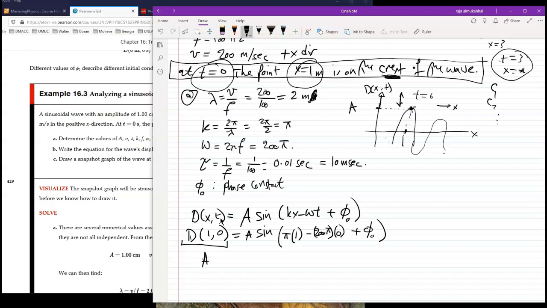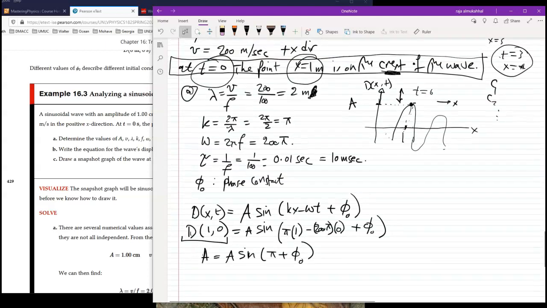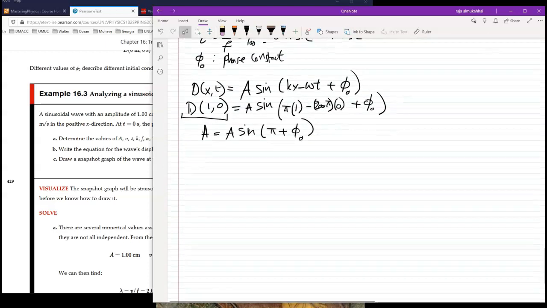So in other words, A equals A sine of pi plus phi naught. See what I'm saying? I can plug in the value of A already. He gives it to me, 1 centimeter. But it doesn't matter because they're going to cancel out anyway. So those two cancel out. So I end up with 1 equals sine of pi plus phi naught.